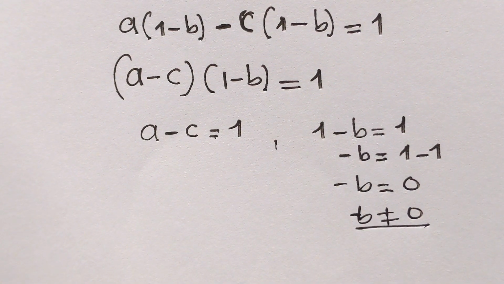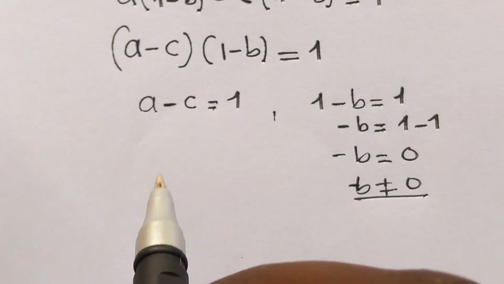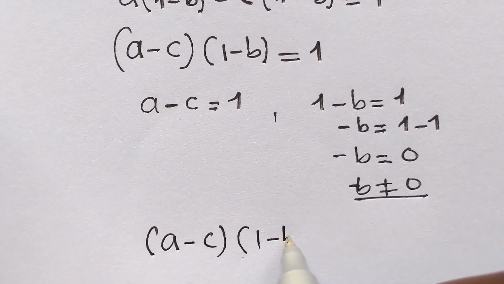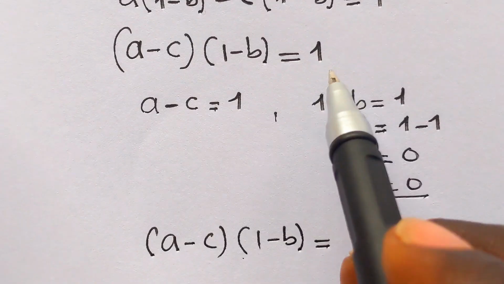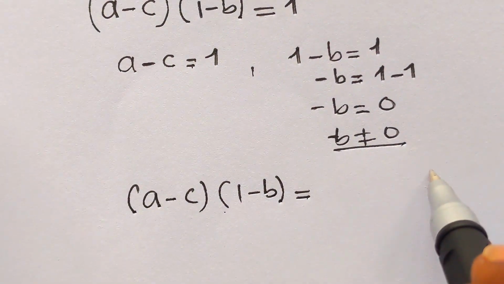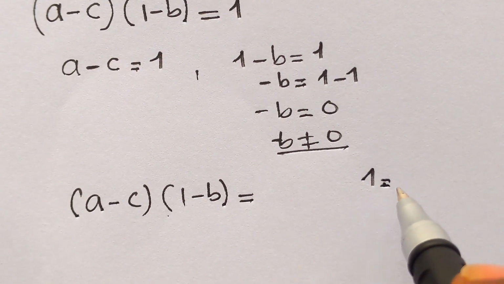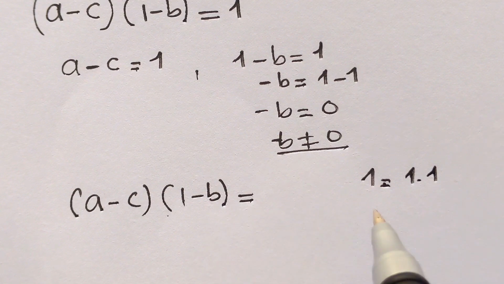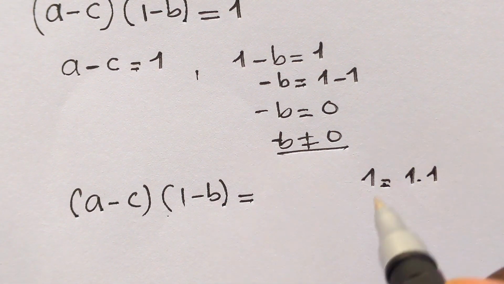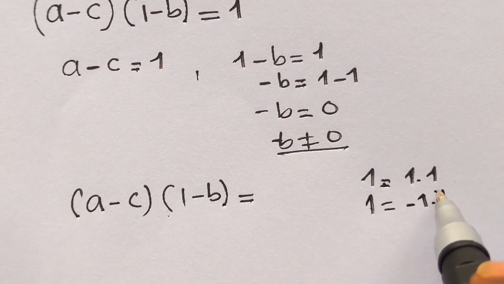So in the equation (a minus c)(1 minus b) equals 1, we can have 1 times 1, and we have seen that would give b equal to 0, which is not allowed, or 1 equals negative 1 times negative 1.